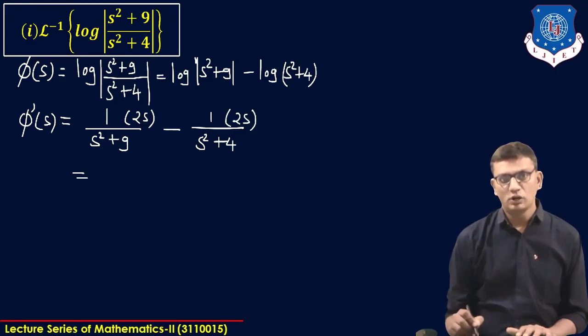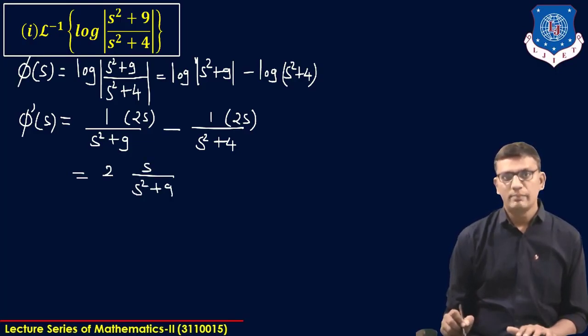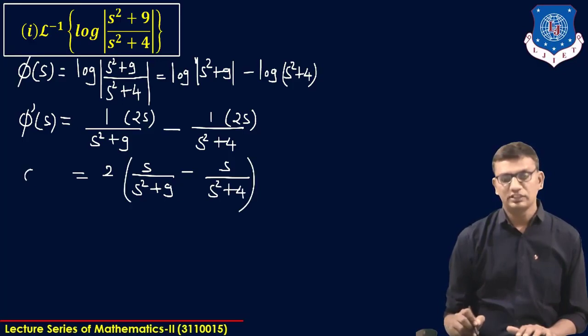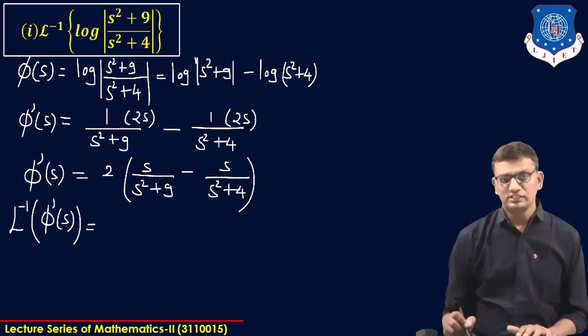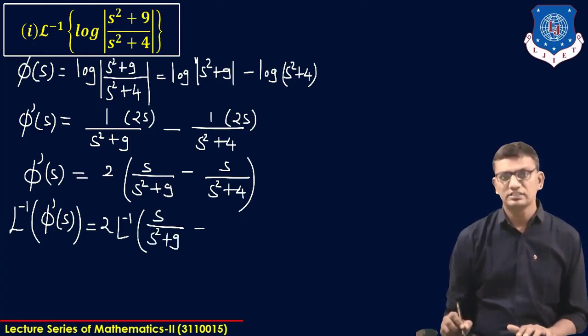Now we take the 2 common, then we get 2[s/(s²+9) − s/(s²+4)] on the right hand side, which are the Laplace of some function. So the inverse Laplace of φ'(s) exists on the right hand side. We take the inverse Laplace on both sides, then we have 2 times the inverse Laplace of s/(s²+9) minus s/(s²+4).